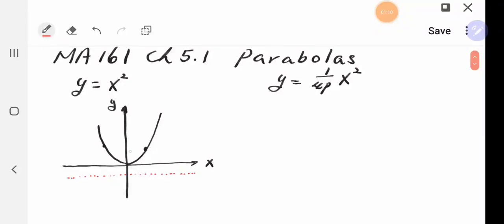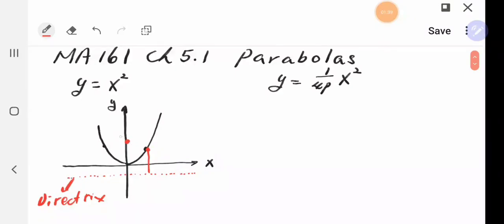There is a horizontal line, so that for any point, the distance from the point vertically to the directrix, we call this the directrix line. A horizontal line, and there is a point, the focus.